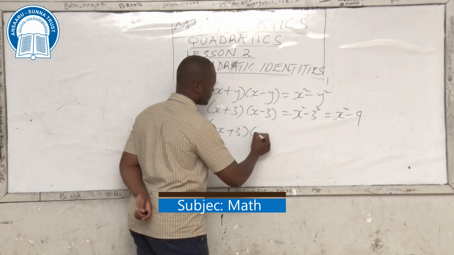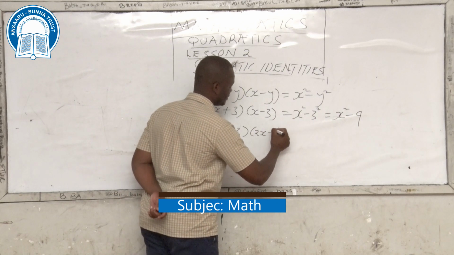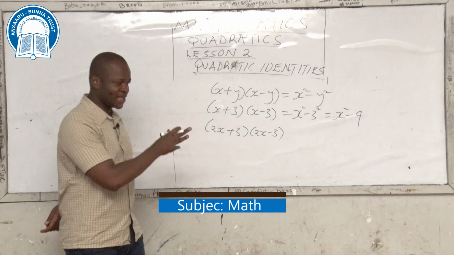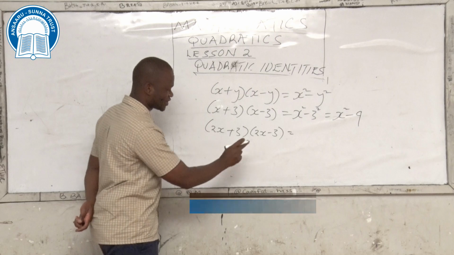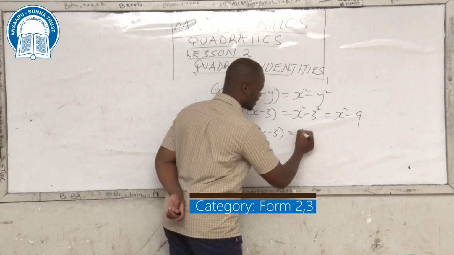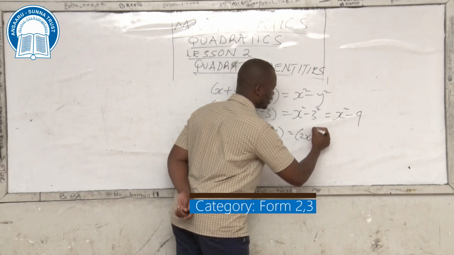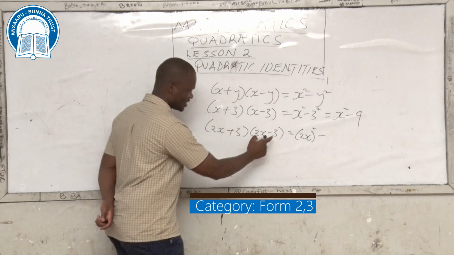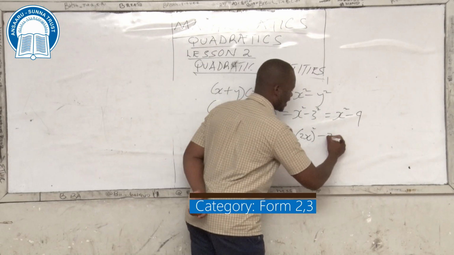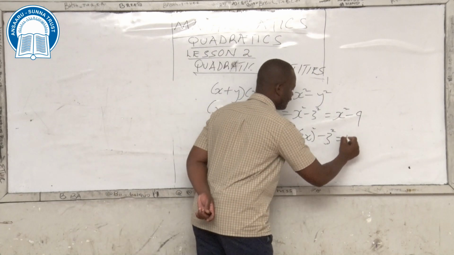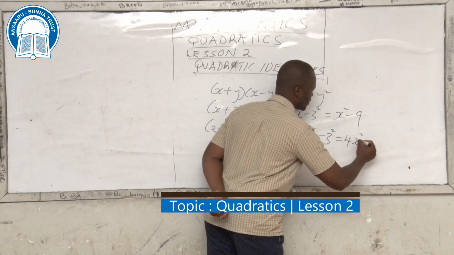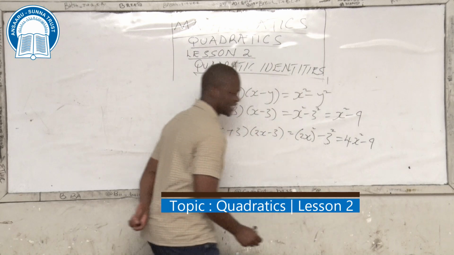What if I had 2x plus 3, then 2x minus 3, of course being multiplied? Now from that format, I will take the first term, have it squared, minus the second term, have it squared, to give us 4x squared minus 9.